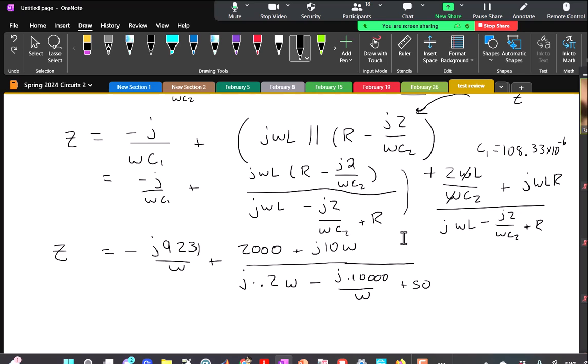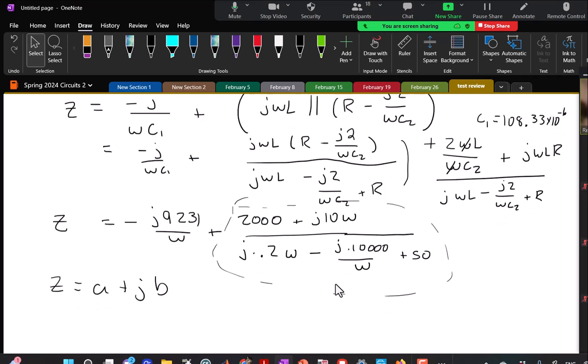And in order to do this, you have to get it into a plus jb form. And so I have to get this part right here, I have to get the j's out of the denominator. And so the way you do that is by multiplying by the conjugate.